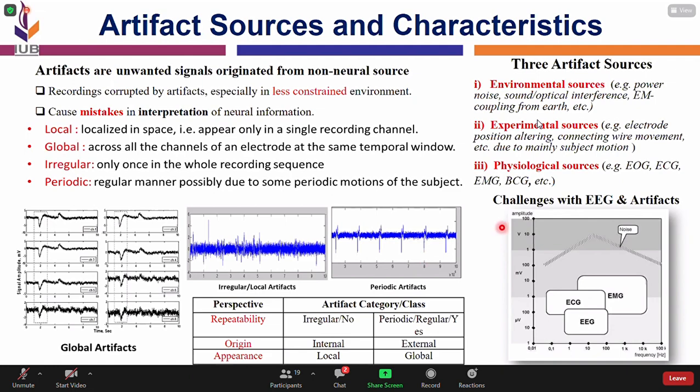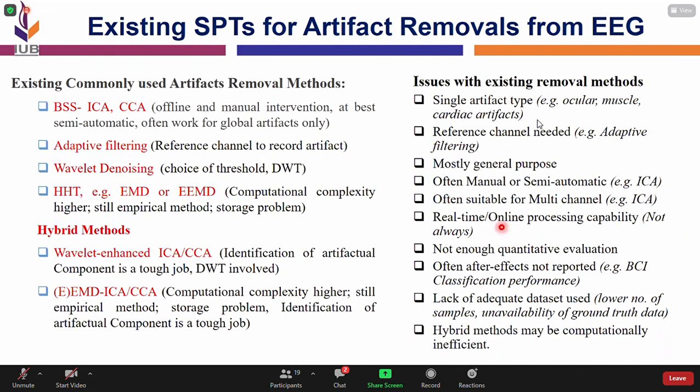Moving on, if you take a look at the existing signal processing techniques for handling artifacts, we have BSS, blind source separation techniques such as independent component analysis, ICA, canonical correlation analysis, CCA, and so on. These BSS algorithms work on multi-channel data and are often offline.